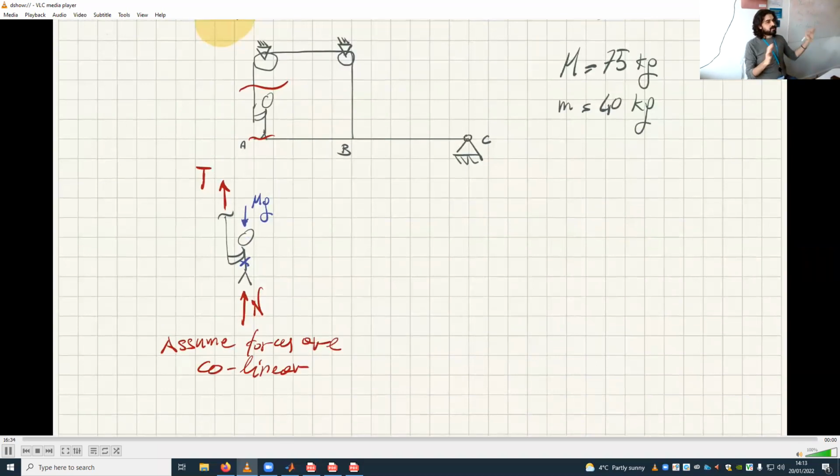Now let's do the free body diagram of the beam instead. So I'll just draw the beam. Of course, a free body diagram of the beam means I have to remove the man and cut the rope here as well.